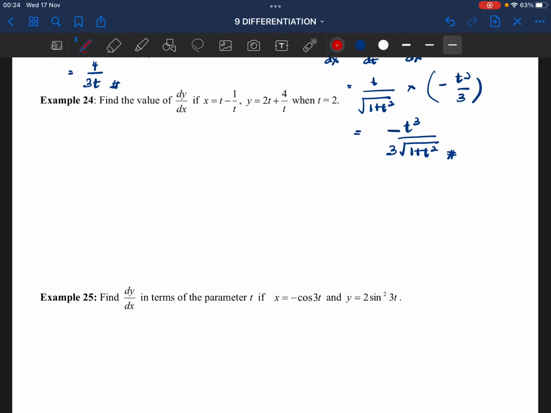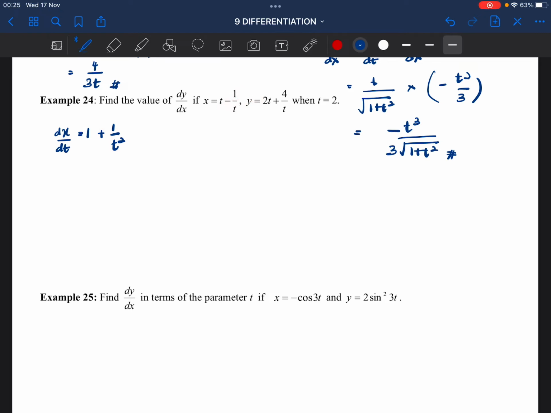Okay, so now just as usual, we differentiate x with respect to t. So this is our x. So we should have 1 plus 1 over t square. Okay, so by now you should know, this is t to the power negative 1. So we should get negative 2, negative t power negative 2, so it's the same as this.